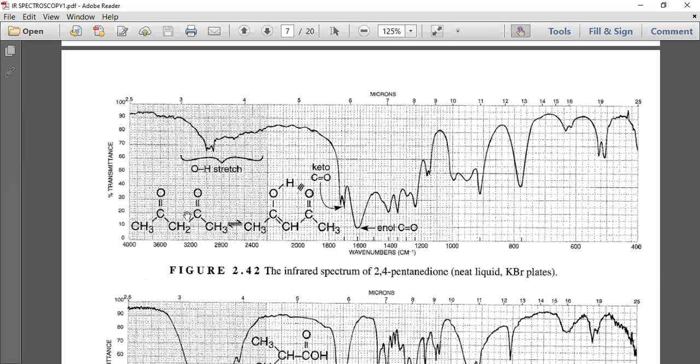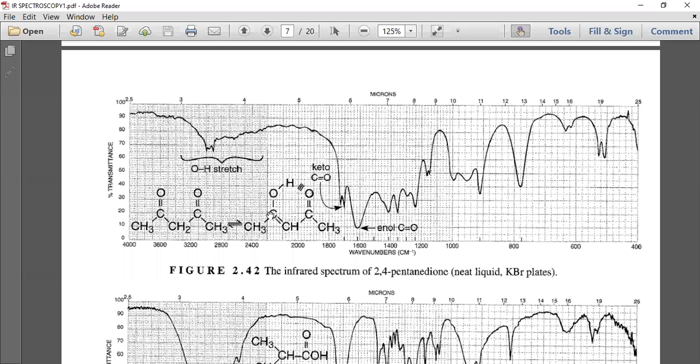1,3 diketone, it will exist in its tautomeric form, it will be tautomerized to have enol form. So because of the enol, it also exhibits OH stretching frequency. If it doesn't exhibit enol form, then OH will be absent. But because of the tautomerization, it exhibits enol form. So that is why we will have OH stretching frequency. And we will have two C double bond O stretching frequencies. Enol, because of enol formation, it is single bond.